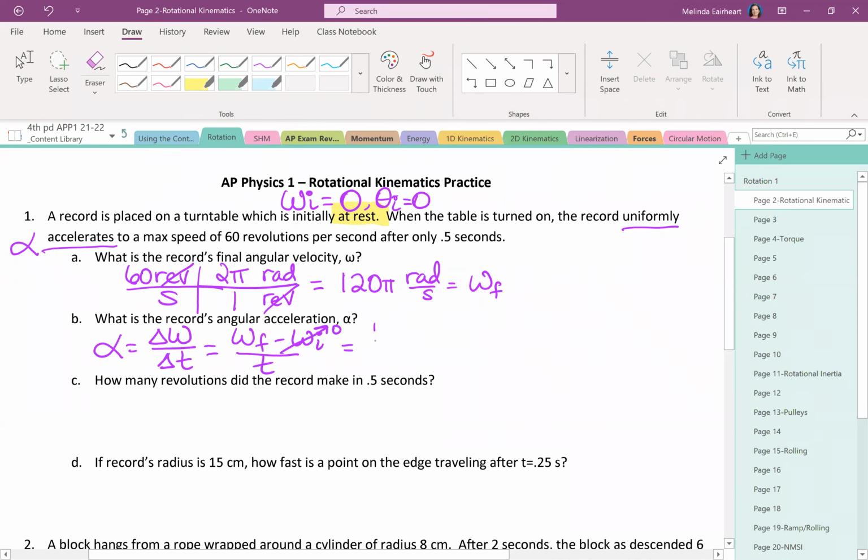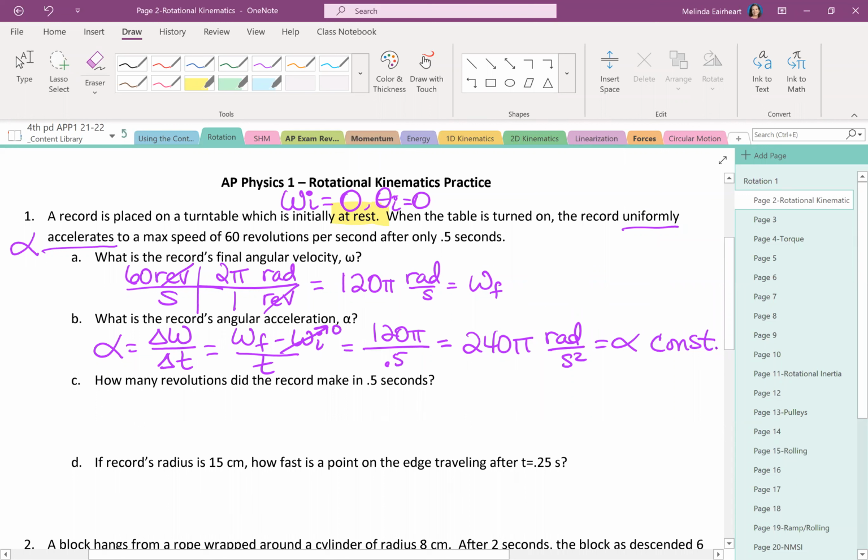So it goes 120 pi, keep your pi, and the time it's taken to get to this velocity is 0.5 seconds. So 120 divided by 1/2 is 240 pi, keep your pi, and the unit for angular acceleration is radians per second squared. And that's alpha, and that's constant, they said, okay?